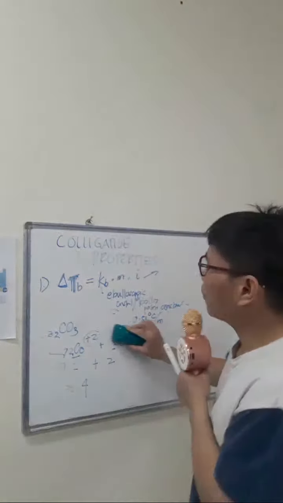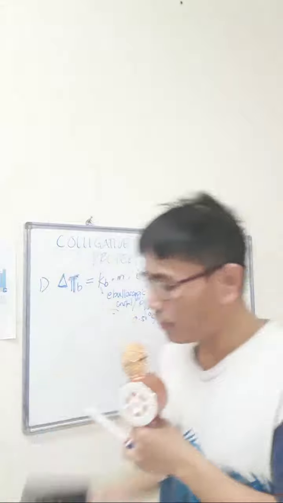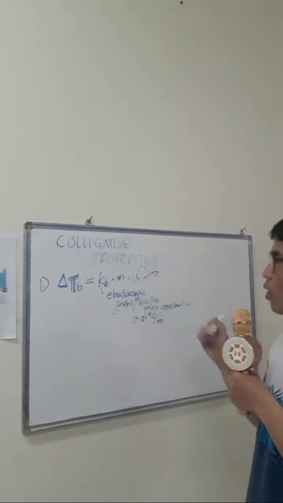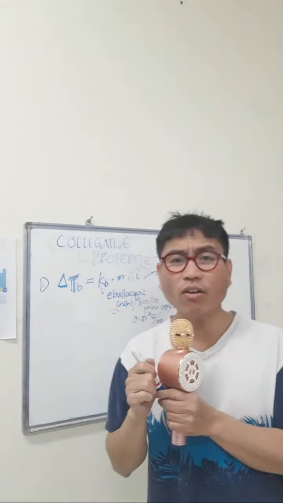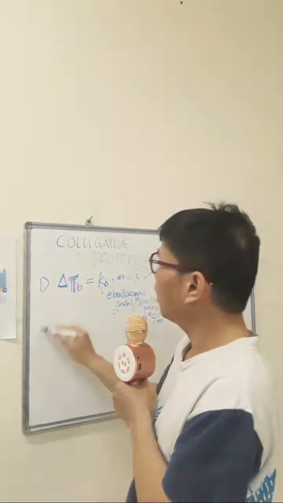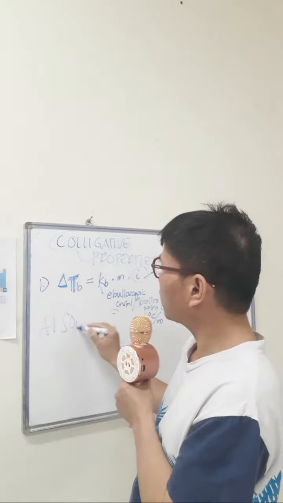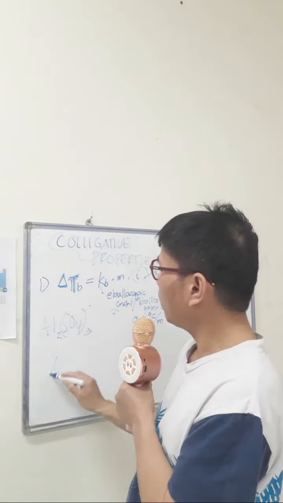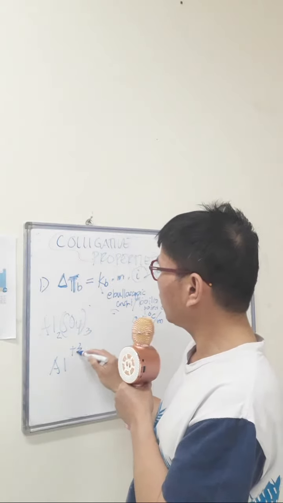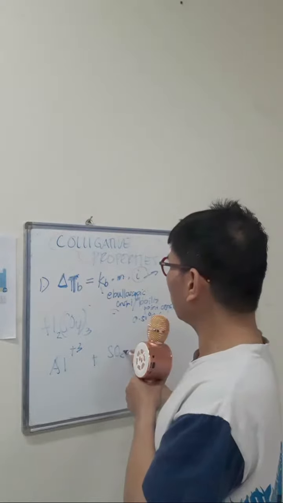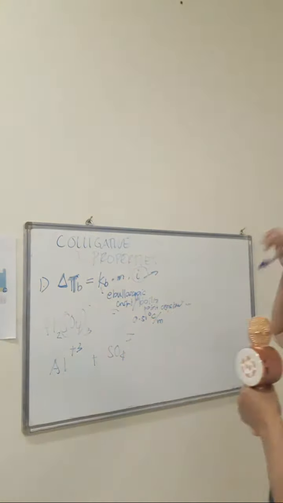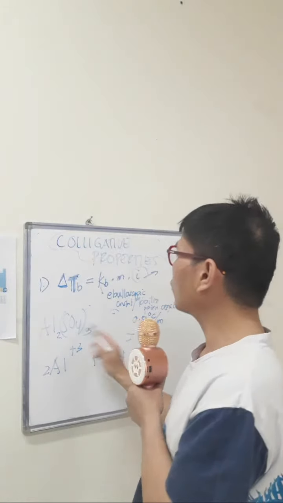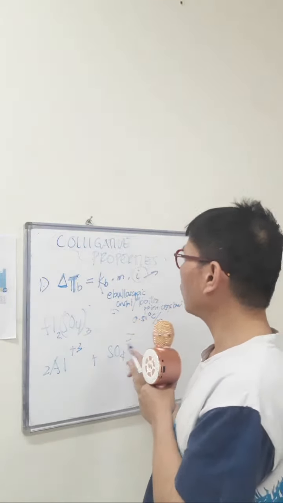Another one, aluminum sulfate. Because we have the i here, during problem solving you will never get confused already, because it is fast. Aluminum sulfate will become aluminum positive 3 plus sulfate negative 2. Aluminum 2, sulfur 3, oxygen 12.